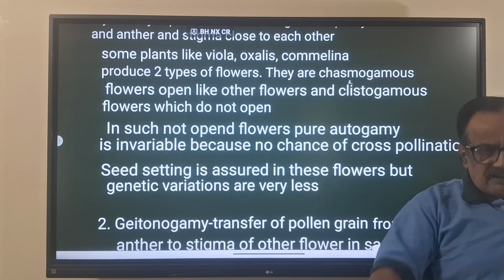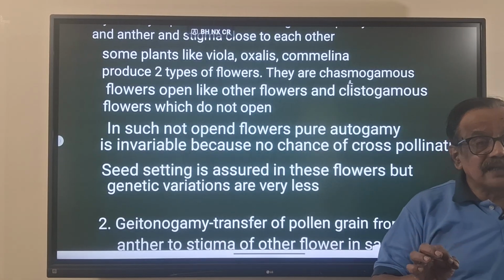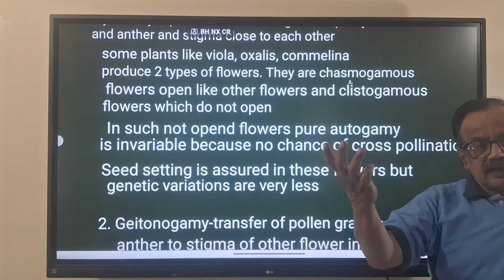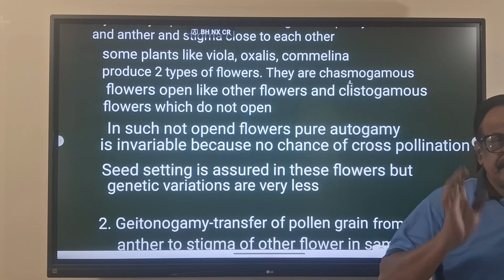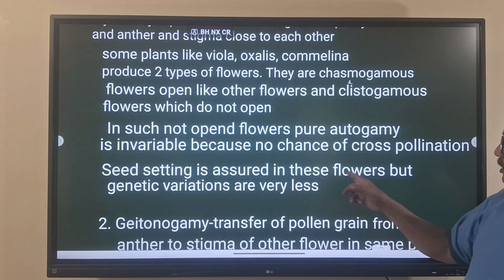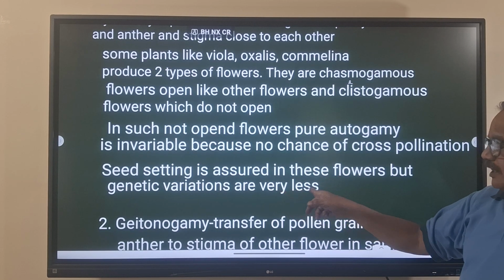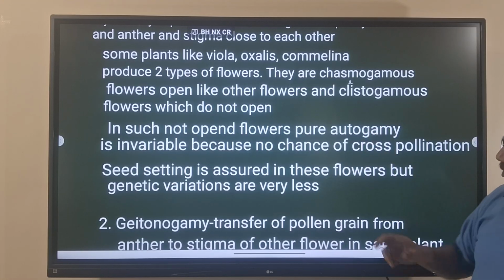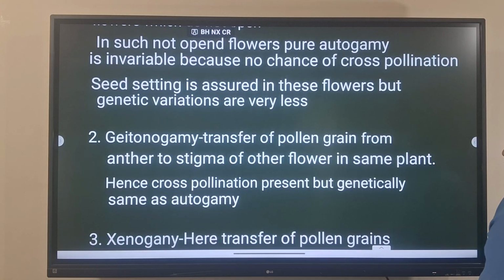If you give the statement that variations are absent, it is wrong, remember it. Variation will be there, but compared to other pollinations it is very little. And seed setting is assured in these flowers, but genetic variations are very little. This is an important point.